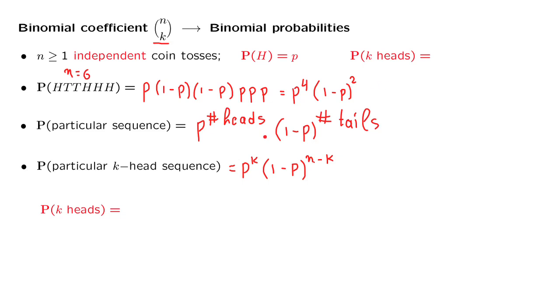Any particular k head sequence has a probability equal to this expression. The overall probability of k heads is going to be the probability of any particular k head sequence times the number of k head sequences that we have.